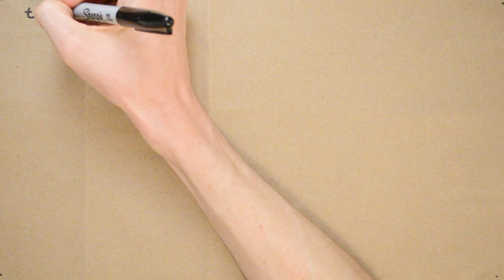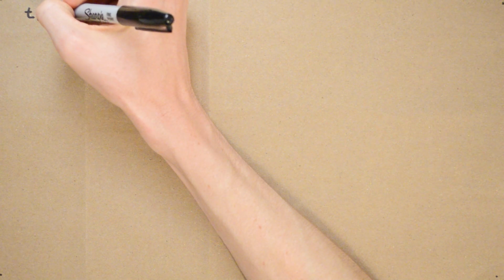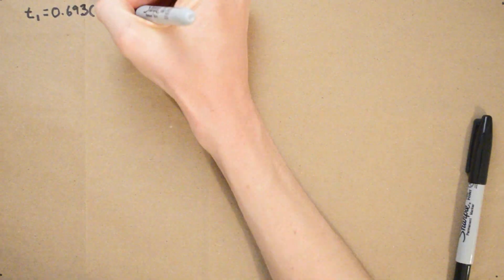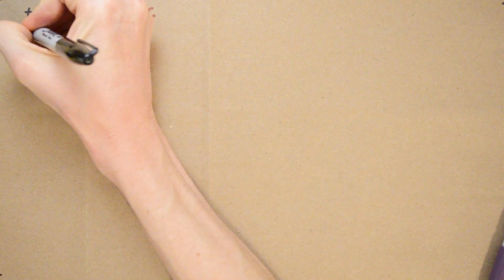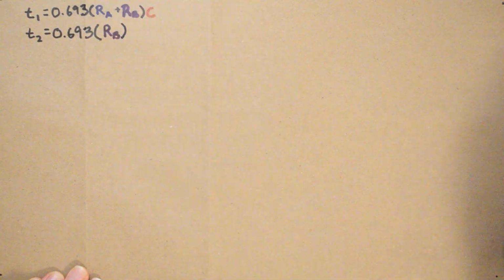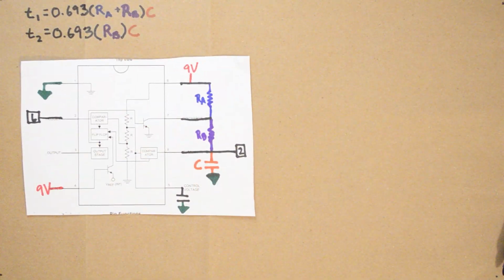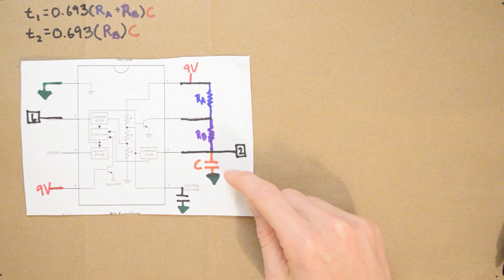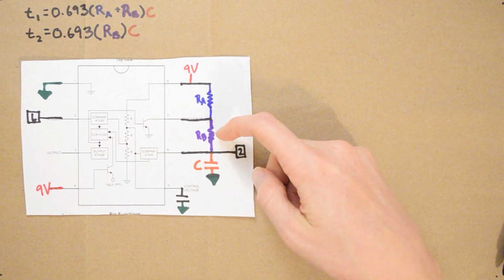So what we see from the data sheet is that the amount of time that the output is high is given by this formula, T1. And the discharge time, or the amount of time the output is low, is given by T2, which equals this. The amount of time it takes to charge this capacitor has something to do with adding the values of RA and RB.